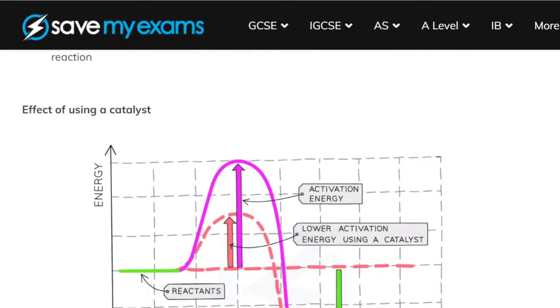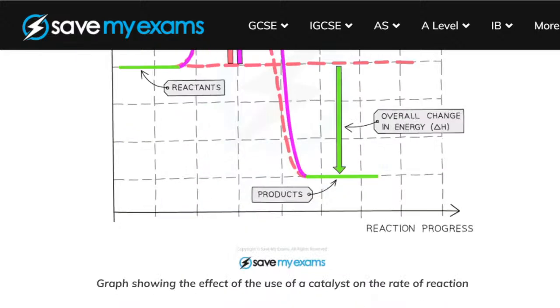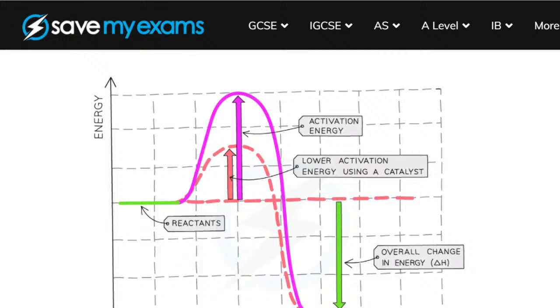The next one is the effect of using a catalyst, and you can see this diagram right here. We have the reactants, which is in green in this chart, and then we have the activation energy.